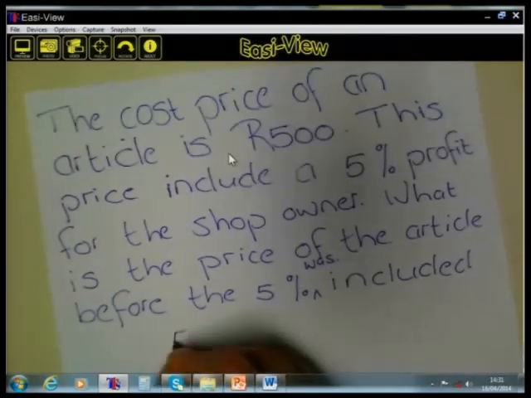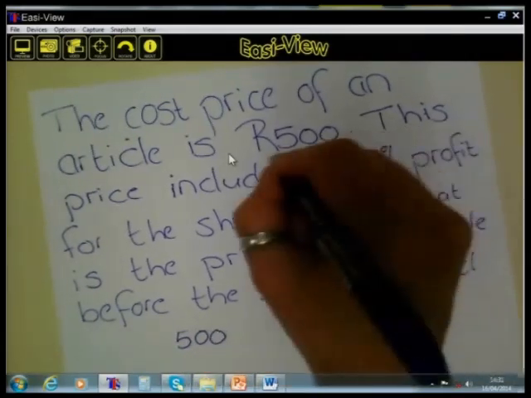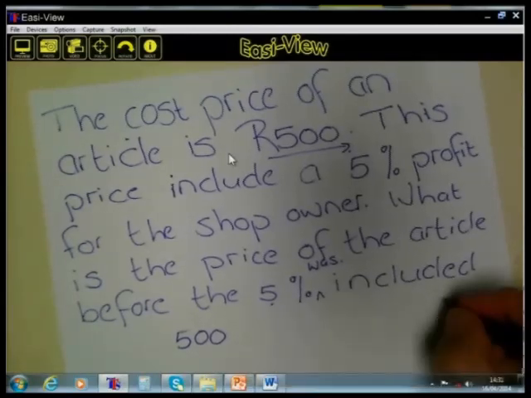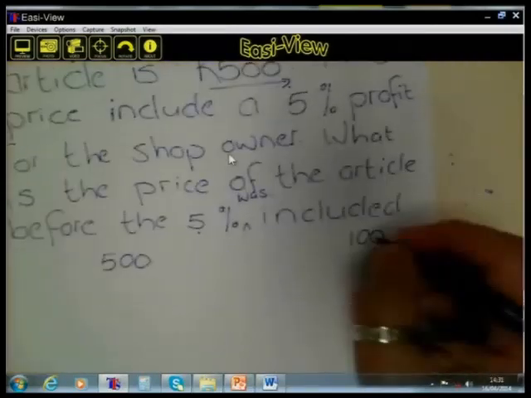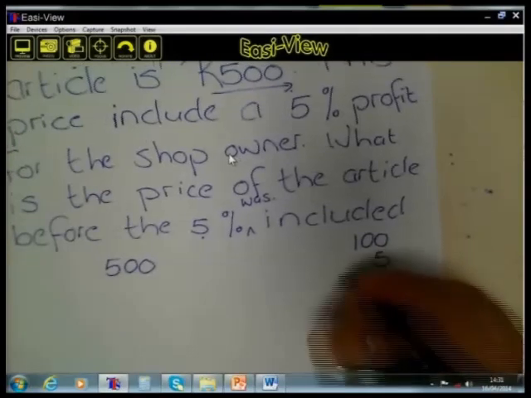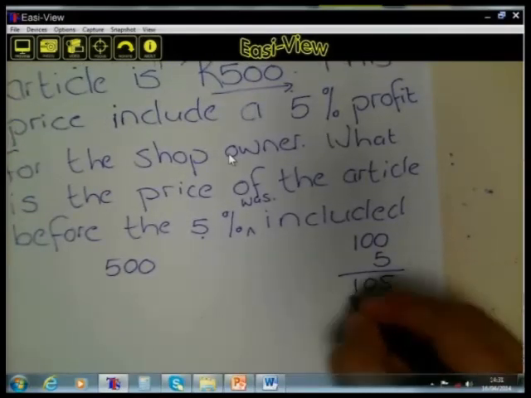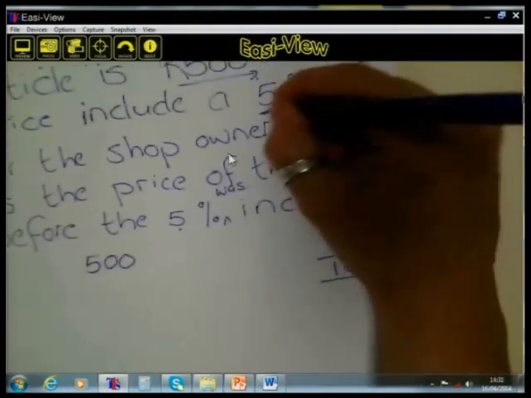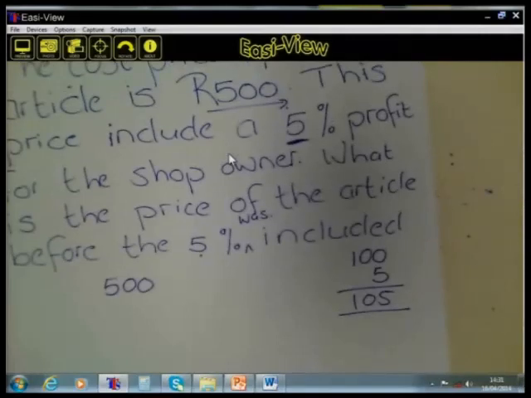In that case, we will work with the 500 rand that is given to us. If we now want to work out the total percentage, in this case we will say 100 plus 5%. So we will work with 105 and now not with 14 because the percentage given here is 5%.